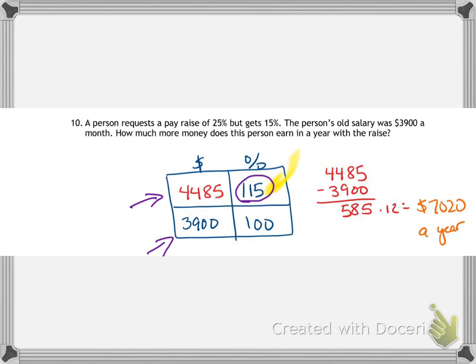I then compare that to the old salary of $3,900 by subtracting the two, and this person is earning $585 extra a month than before. But because the question's asking for it in a year, I then multiply this number times 12, and this person is now earning $7,020 extra a year with the raise.